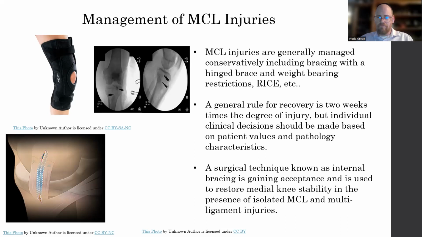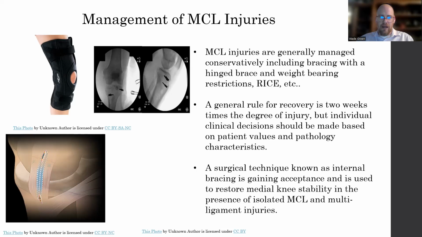So one thing to mention is that there actually is a surgery that's gaining more acceptance for MCL injury, and that's called basically internal bracing, right? Ultimately, they will go in and insert anchors into the MCL. They will tie sutures into the MCL, reapply tension on the MCL and tack the MCL back into the tibia and femur, utilizing anchors.